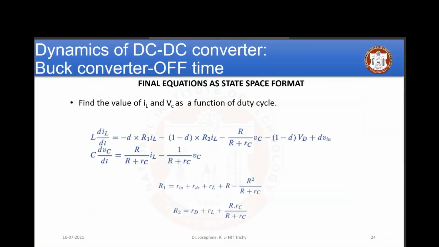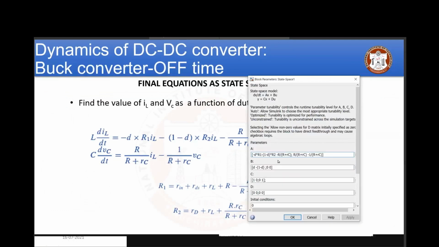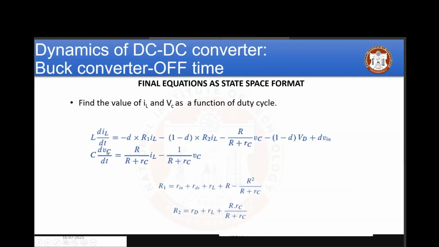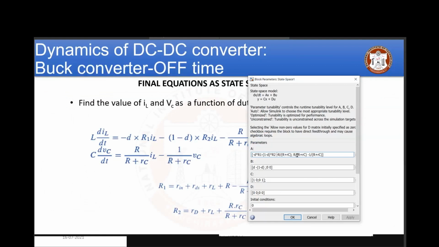Then what is my VC? I mean, the second variable is minus R by R plus RC. So this is what I have written, minus R by R plus RC. And in the next column, now your state variable VC will come. So R by R plus RC and minus 1 by R plus RC will be in the picture.